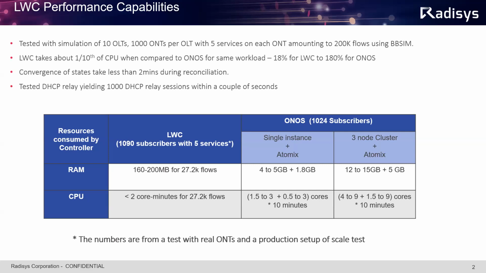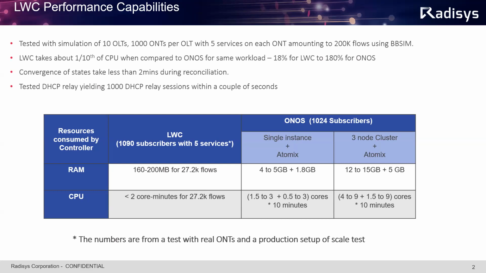One question I have on the ONOS: you mentioned that you compare the single instance with a 3-node cluster. The LWC, was it a single instance or was it running in a cluster? It is running as a single instance. Okay.